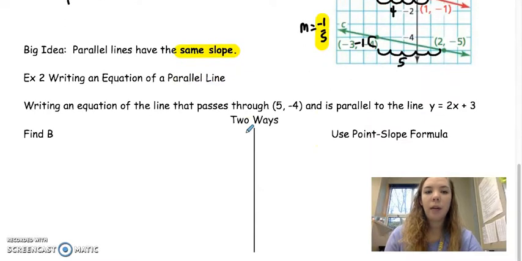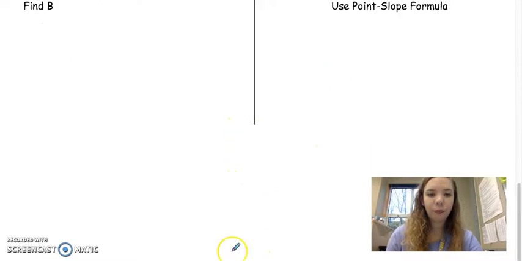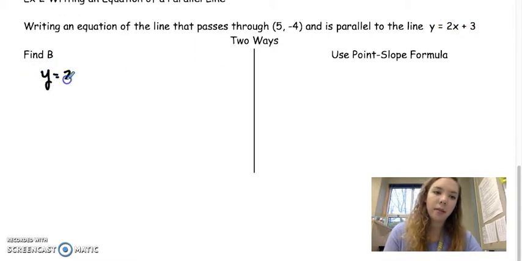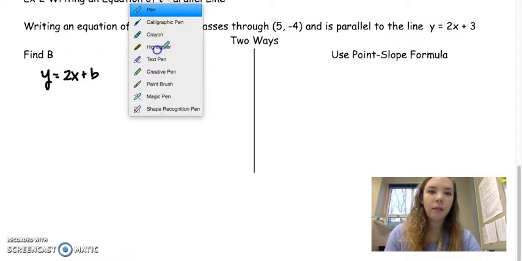Writing the equation of a parallel line. So we have a line that passes through the point 5, -4, and is parallel to y equals 2x plus 3. So first thing we're going to do is try to find b. A parallel line has the same slope, so it'd still have to be 2. And then I'm going to use the point they gave us.